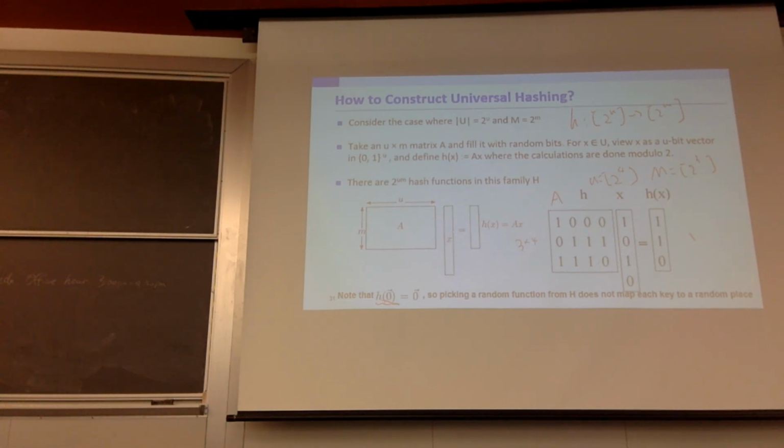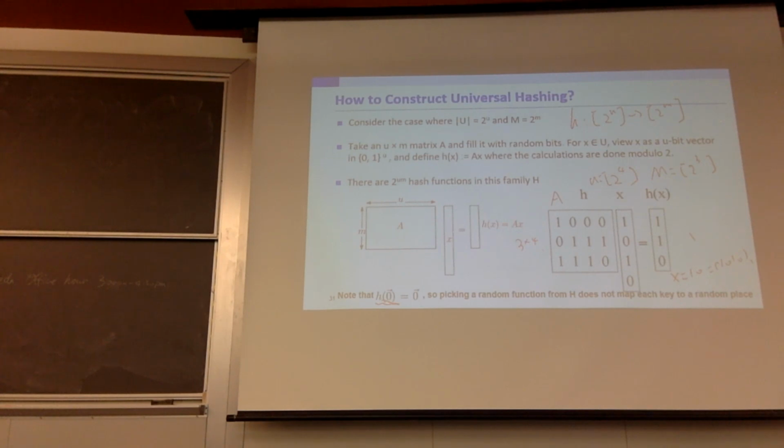If you do the multiplication, how do you do that? This x is 8 plus 2, so x is 10, and if you write that in binary, that's 1010. To get the hash value, you multiply this h with x.